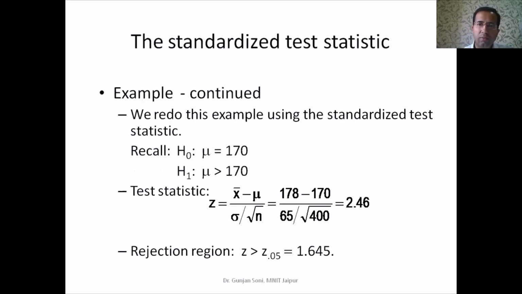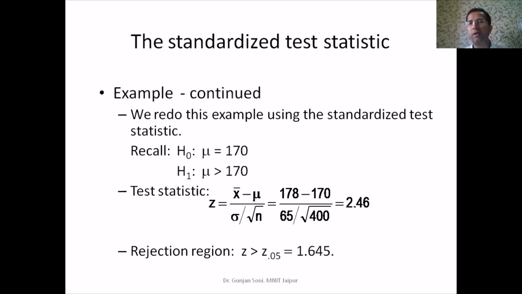So here we calculate the test statistic. It's coming out to be 2.46, and corresponding to alpha equal to 5%, the Z value is 1.645. Now your Z calculated is 2.46. It is greater than your Z tabulated, which is 1.645. So it lies in the critical region, which basically indicates that your alternate hypothesis comes out to be true.